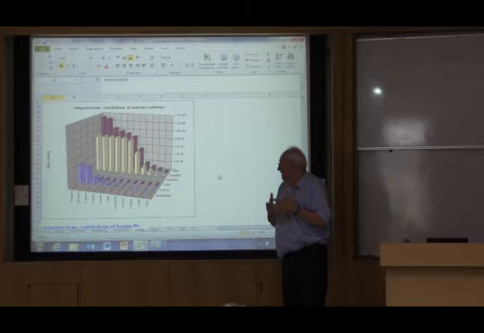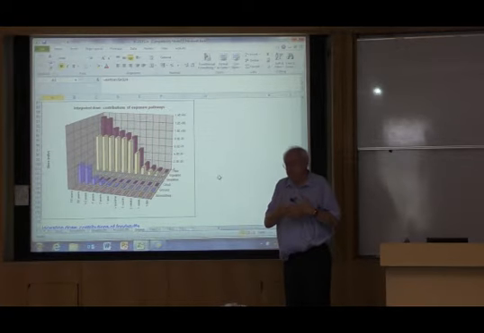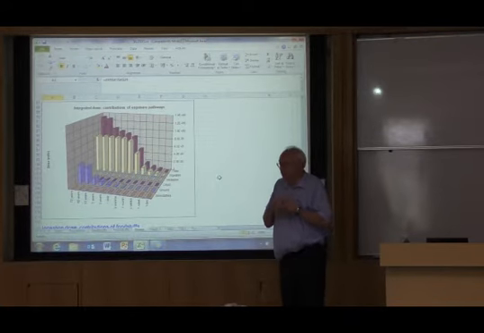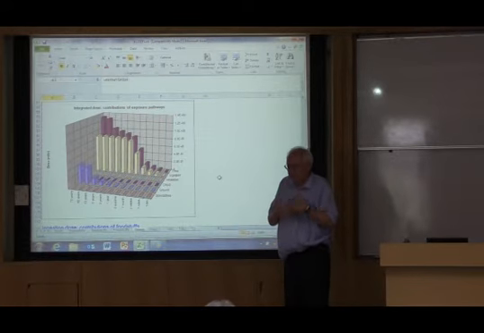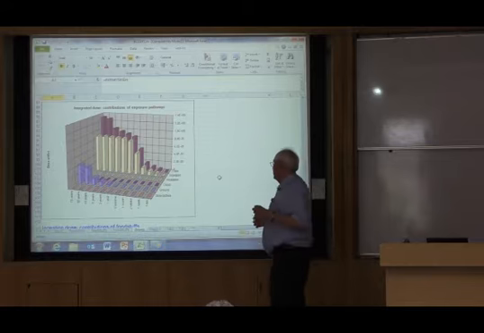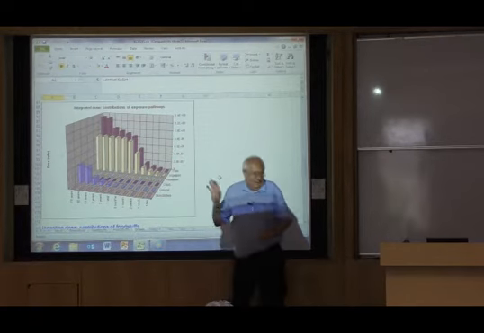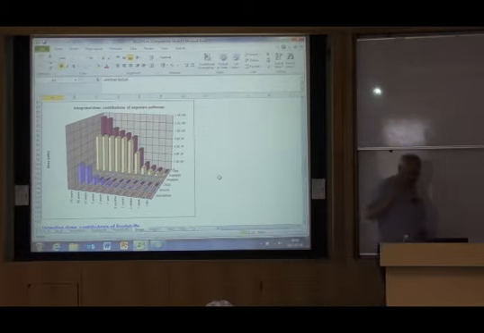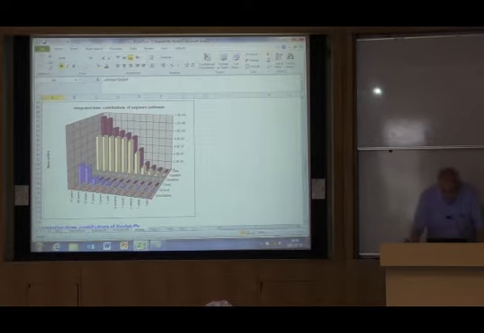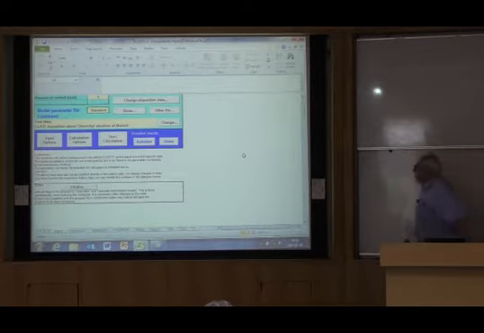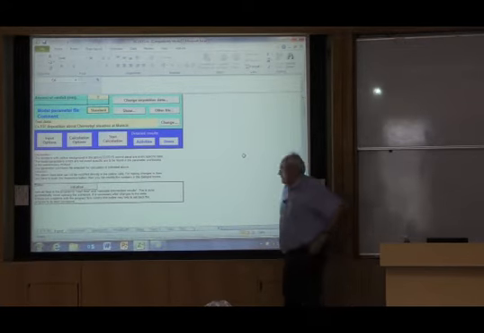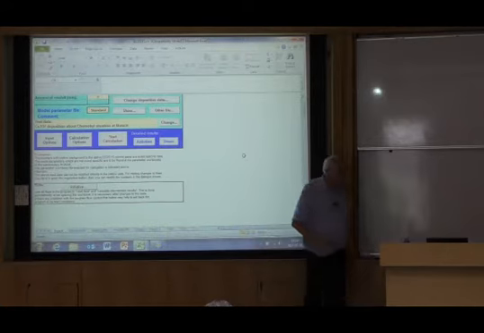So this is more a planning tool, a tool for exploring and identifying the important parameters and the important issues. What I have shown here, this is a deterministic model.